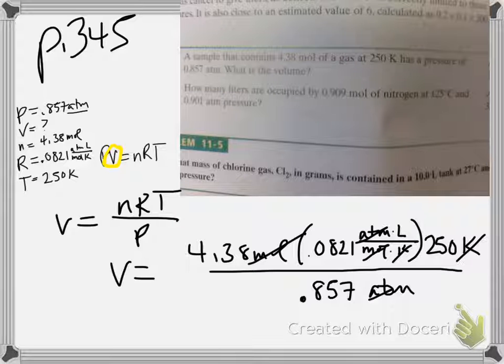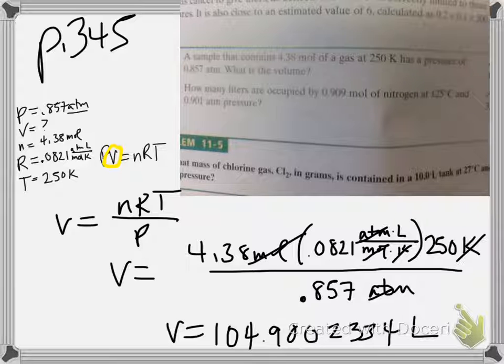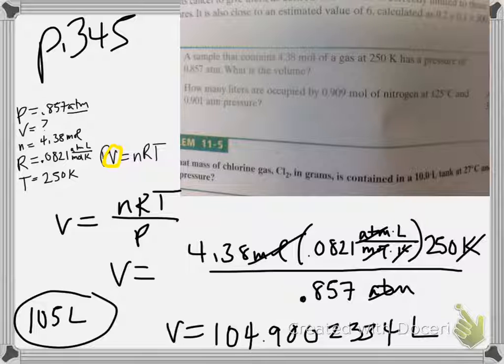What units are we left with? Liters. If you didn't do your algebraic rearrangement right, this will show you, because you will end up with a unit you shouldn't. Okay, so we get 104.900, blah, blah, blah. We have 3 sig figs, so this would just be 105 liters as our volume. Easy enough?